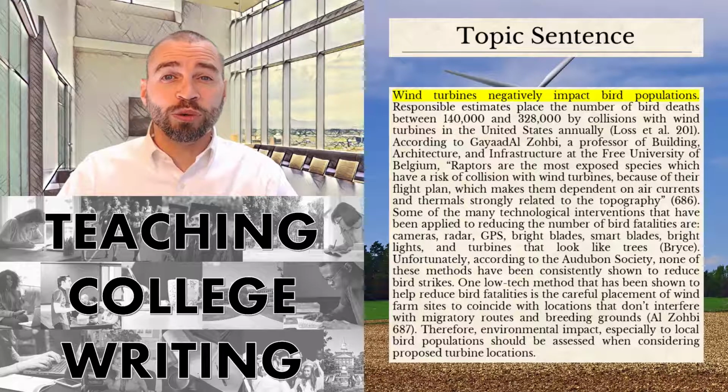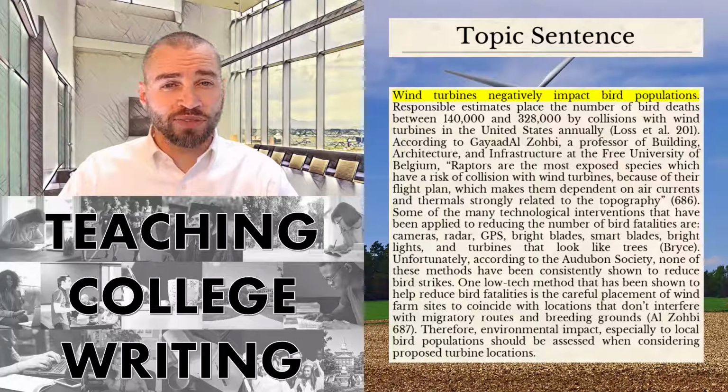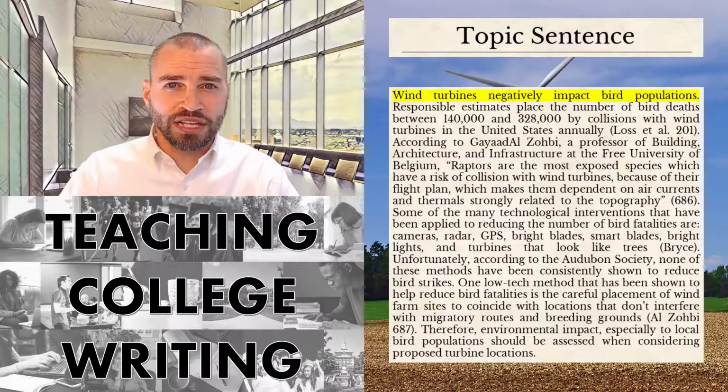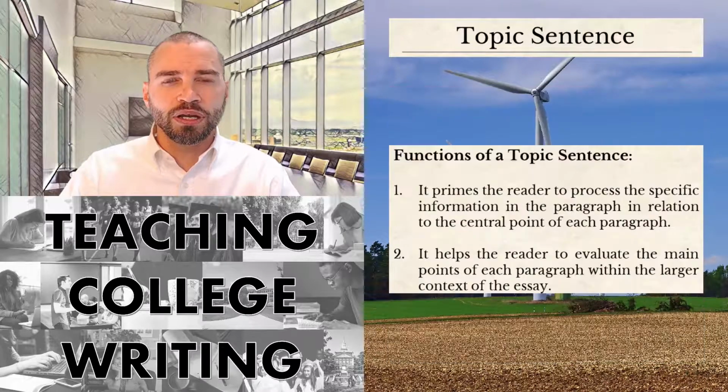And the reader will be much better able to process the main point of the paragraph into the larger context of the essay, the pros and cons of wind turbines as an energy source.